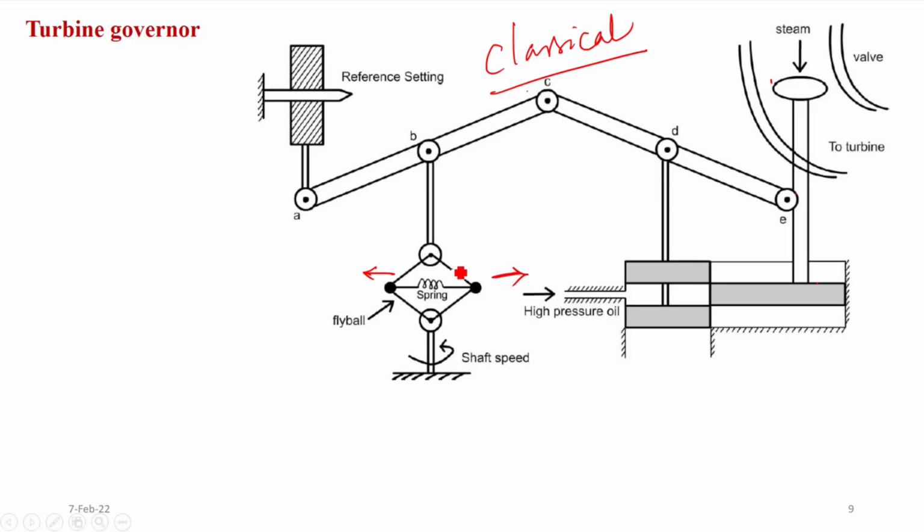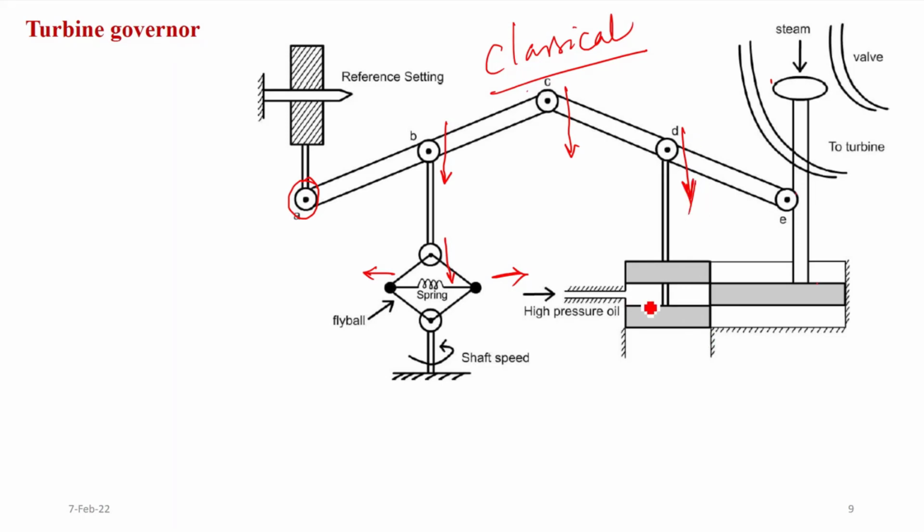As they move away, this point will go down, right? That means your point B will go down. This point is now fixed, right? Point A. Now as point B moves down, point C also will move down, then point D also moves down. So what will happen when point D moves down?